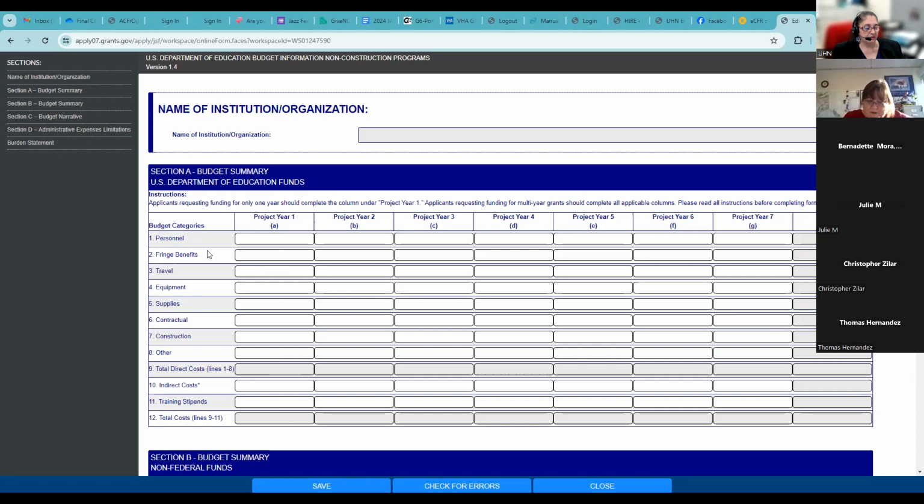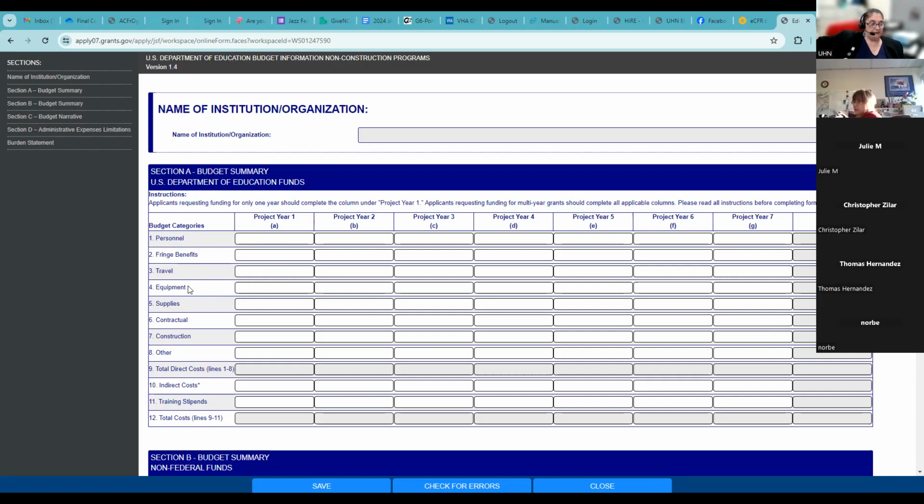And so then you'll have totals that'll generate for each of these all the way into your total for the year. So personnel, who are actually personnel that are attached directly to the grant, even if it's a portion of their time, needs to be included. Fringe benefits, travel, equipment, supplies. Now, equipment is defined typically as anything with a useful life over $5,000.